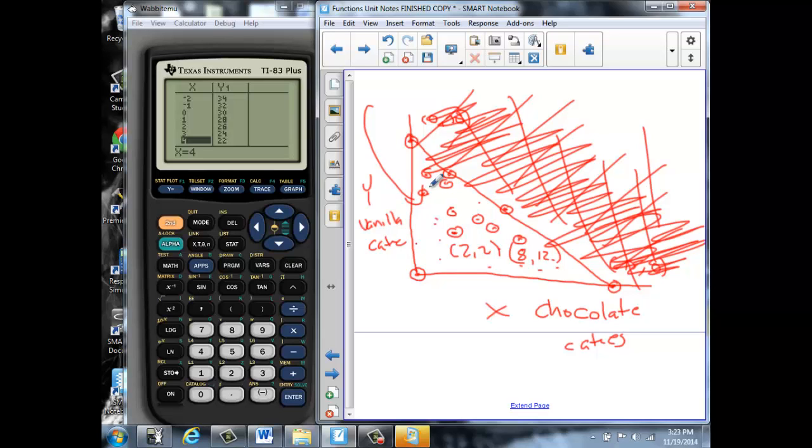Often what I do then is ask you to give me some examples of valid answers. So you could say 2 and 2 works, 8 and 12 works. You could say 15 and 0 works, or 0 and 30 work. But all of those are answers, so your answer is really a picture. Just kind of different than normal.